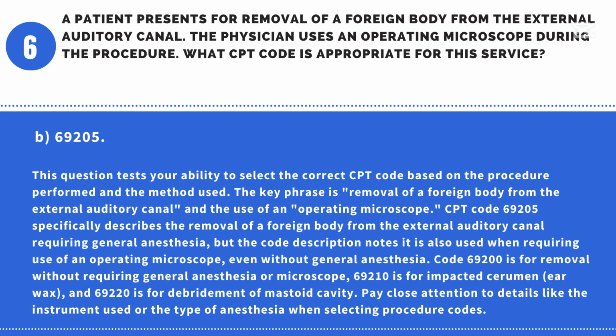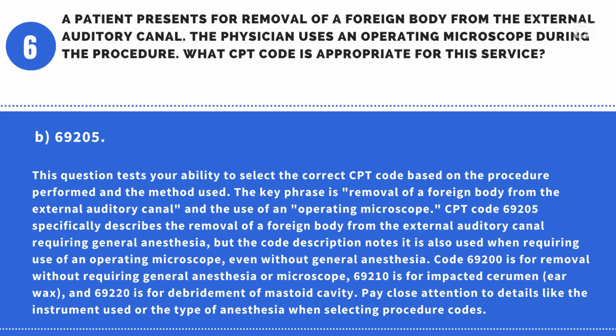Answer: B. 69205. This question tests your ability to select the correct CPT code based on the procedure performed and the method used. The key phrase is removal of a foreign body from the external auditory canal and the use of an operating microscope. CPT code 69205 specifically describes the removal of a foreign body from the external auditory canal requiring general anesthesia, but the code description notes it is also used when requiring use of an operating microscope, even without general anesthesia.